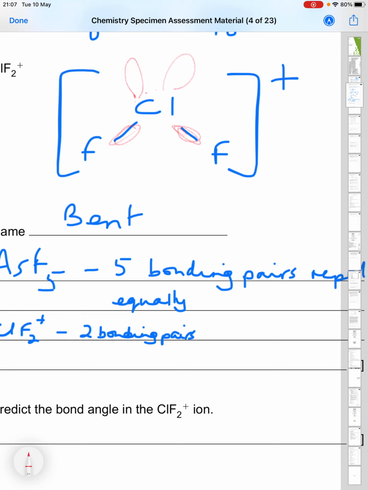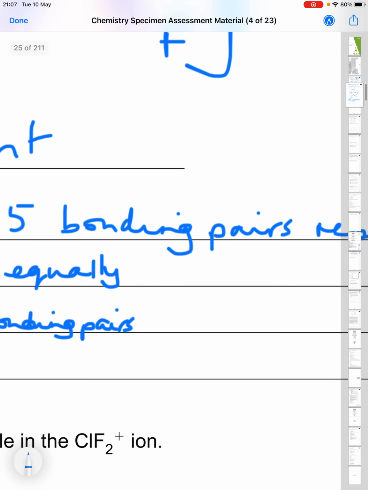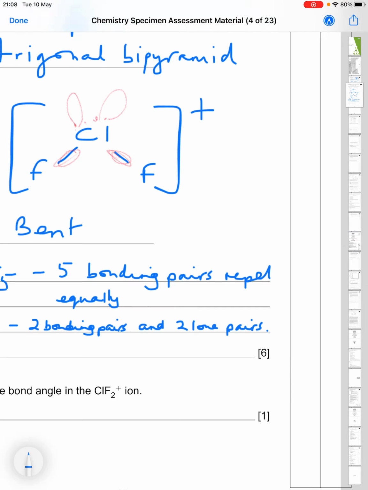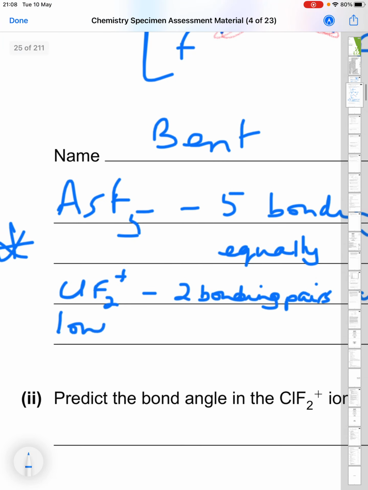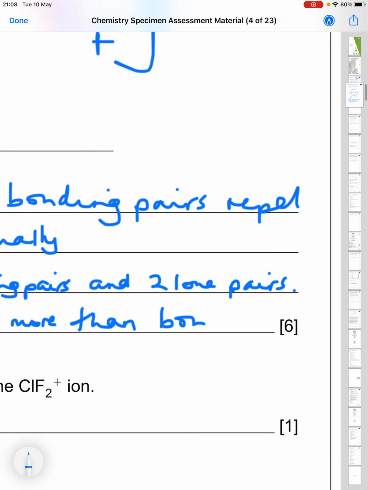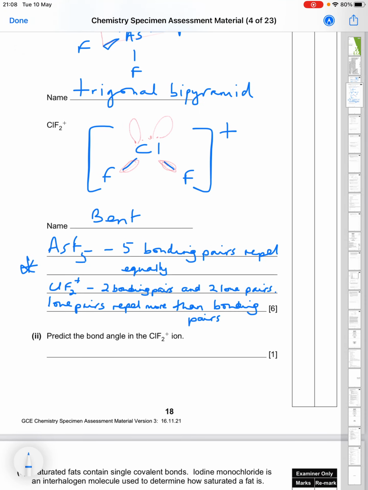Then you also have 2 lone pairs on the chlorine. So I'm going to say 2 bonding pairs and 2 lone pairs, and then you know that lone pairs repel more than the bonding pairs. It's the same explanation really you would give for water.